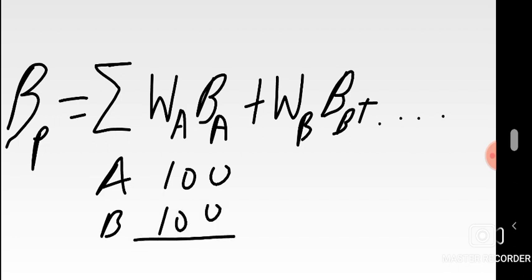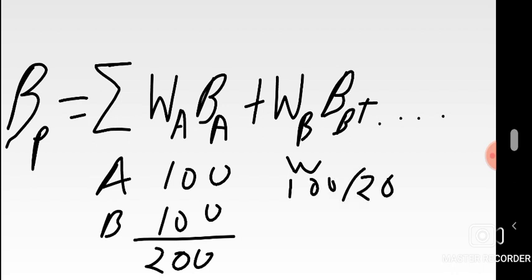Get the total investment of both. It's 200. We said weight is the fraction of that particular investment in the total investment. So if you look at A, what is the weight of A? Isn't it just supposed to be 100 over 200? Basically, that's what they mean, the fraction of that particular investment in the total.